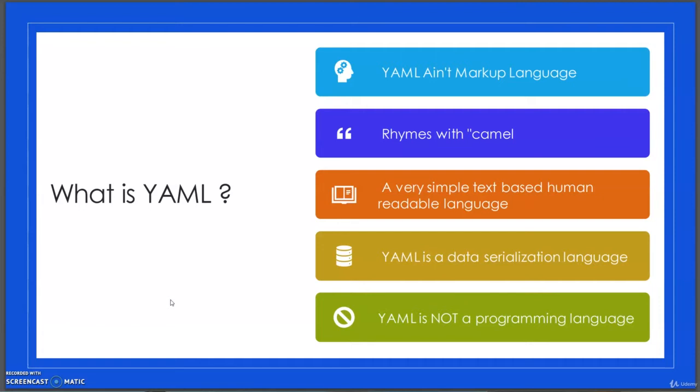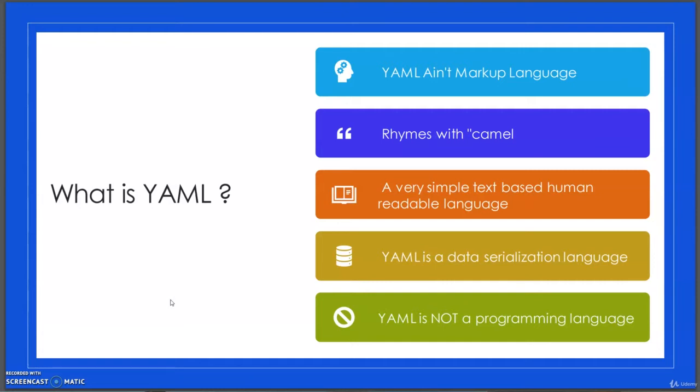YAML is a very simple text-based language. We will see various examples later in this course which will make it clear to you. For now, just remember YAML is a very simple and clear text-based human readable format. YAML is a data serialization language.